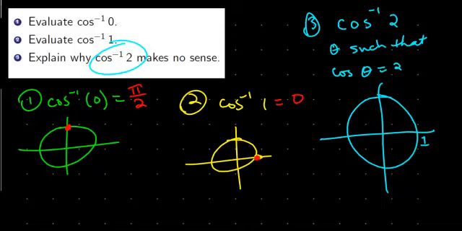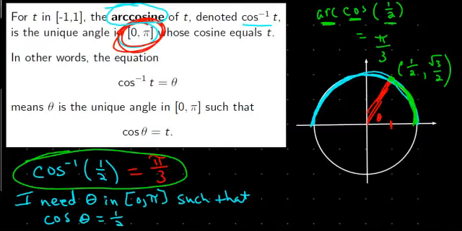There's no point on the unit circle that is going to have an x coordinate of 2. Okay? So we cannot have the inverse cosine of 2. You could just say 2 is not in the domain of the arc cosine.